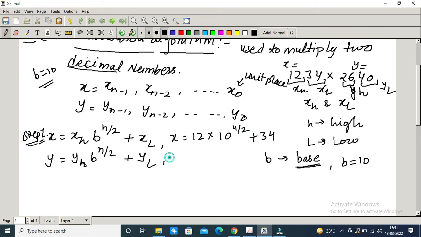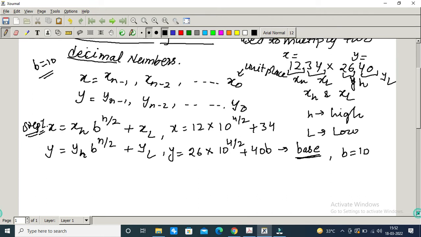And like this we can represent y as yh, which is 26, multiplied by 10, because the base is the same, base is 10 and n is 4, so 4 by 2, plus yl, which is 40. So this is your x and y.